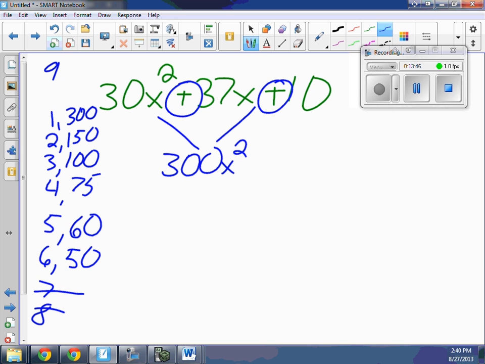Does that one work? Brooklyn's got a calculator. 300 divided by 9. No?